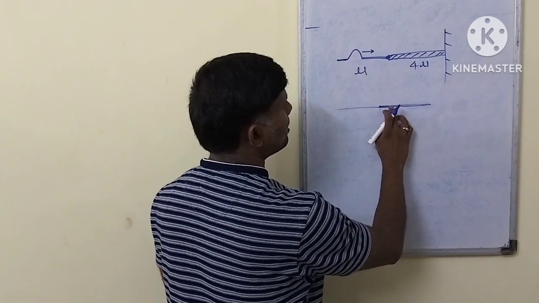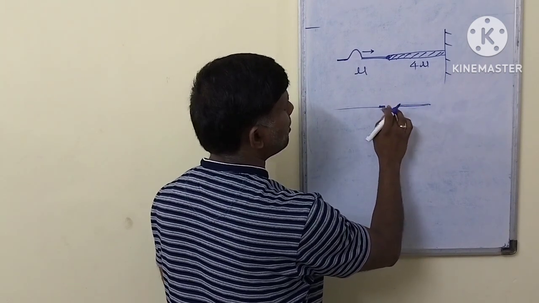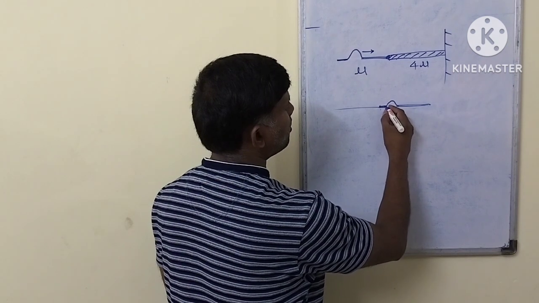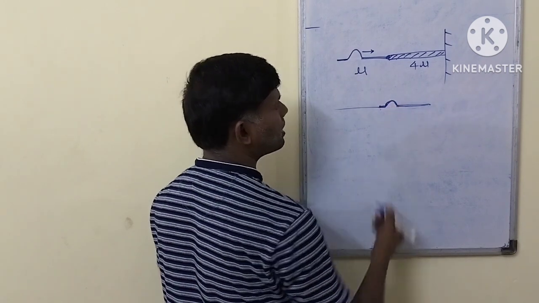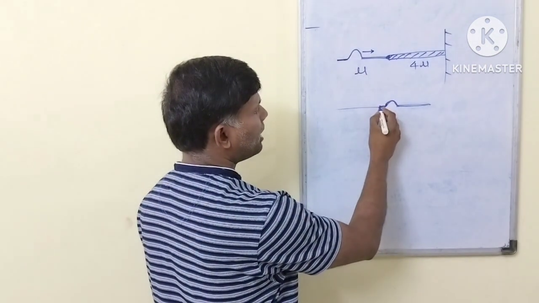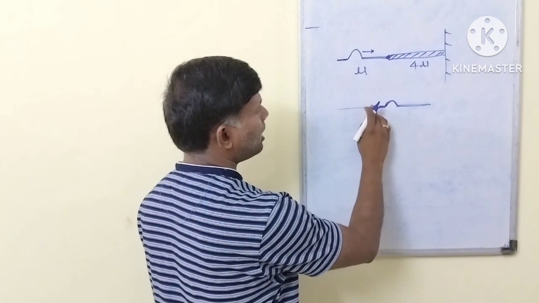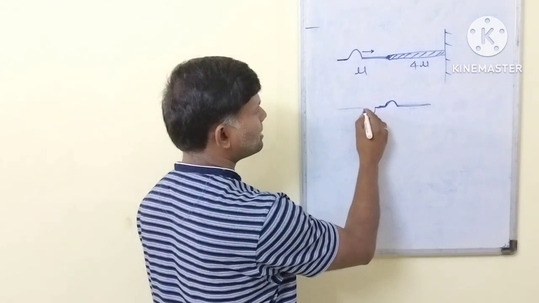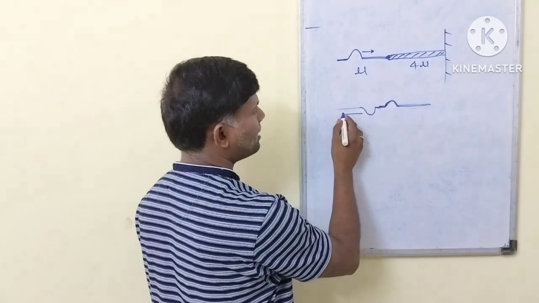One wave will be transmitted like this, and another wave, the reflected wave, will reflect like this and come back.